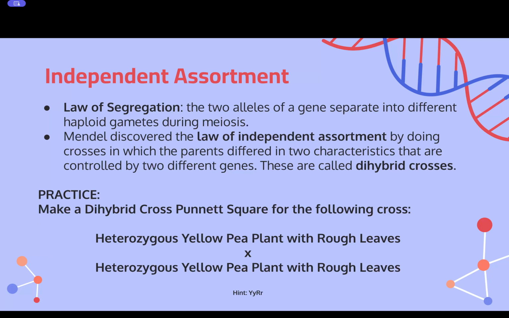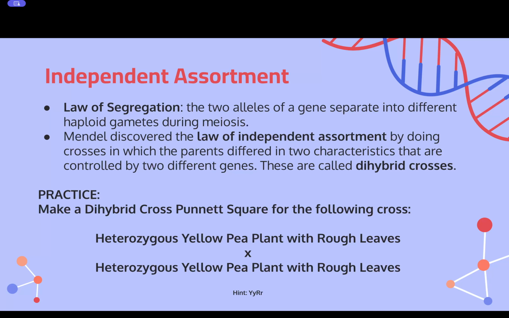So because of the law of segregation, the two alleles separating, when parents are crossed, they will result in one specific allele in one specific gamete, which means that only that will be passed on, and that causes the independent assortment, depending on in humans, which sperm fertilizes the egg, or in plants, which pollen fertilizes the egg. That determines the independent assortment because that has only one specific allele.